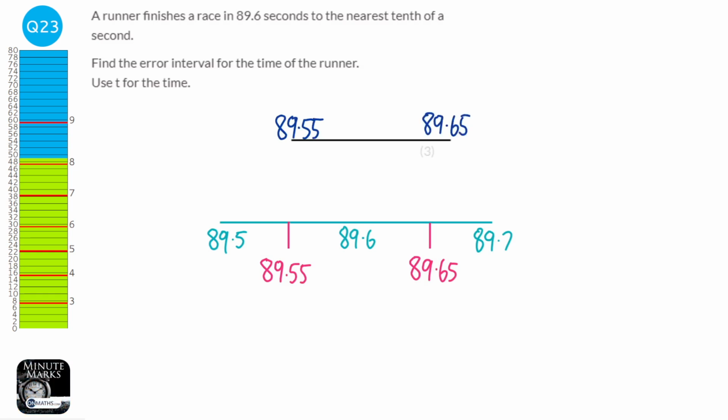But how do we show it as an error interval? Well, we put t in the middle because t is representing the time, and we show it with inequalities. Now, the number can be 89.55, but it can't be 89.65 because that would round to 89.7. So we say everything that's less than but not equal to.